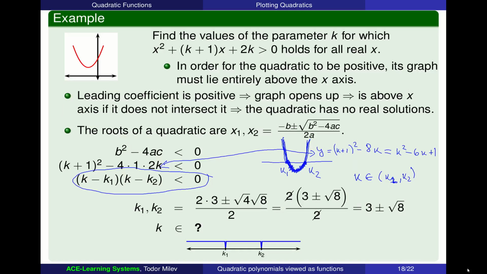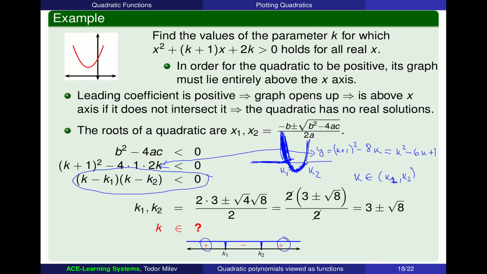So that means that, well, you can see from the graph that the parabola is positive over this interval. So over this interval, the graph of the parabola sits above the x-axis.